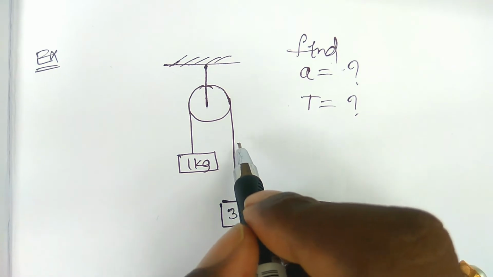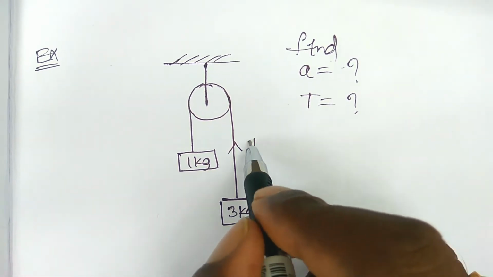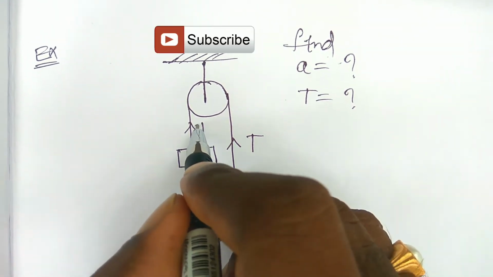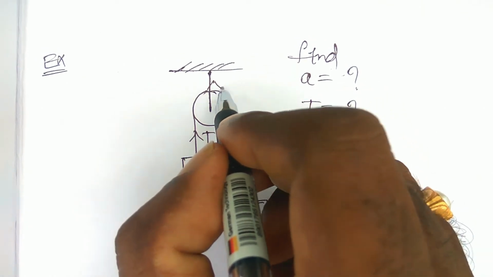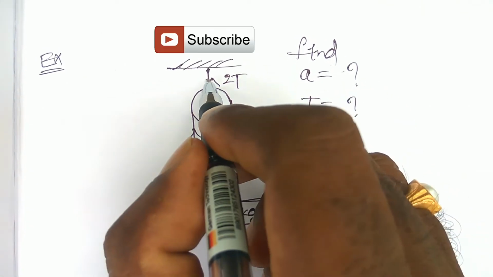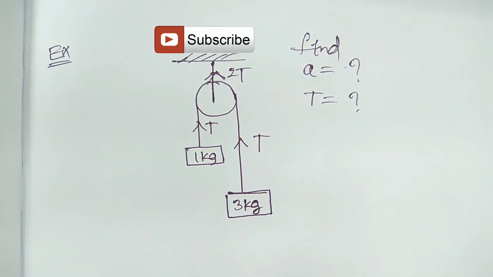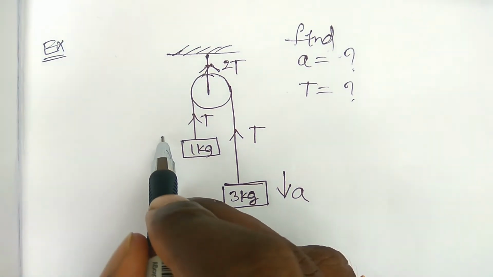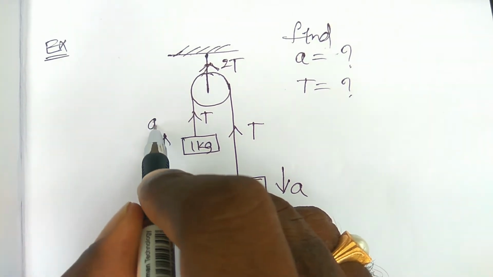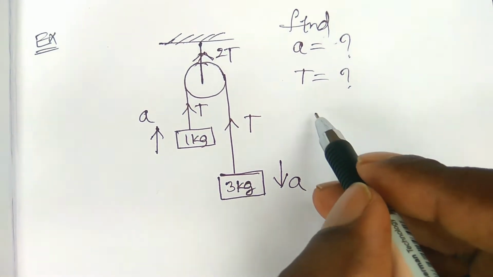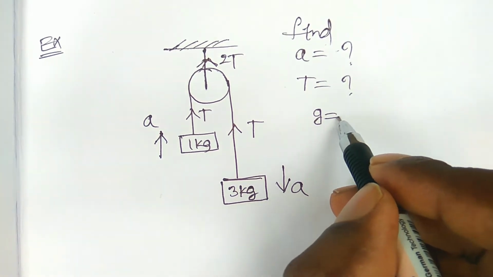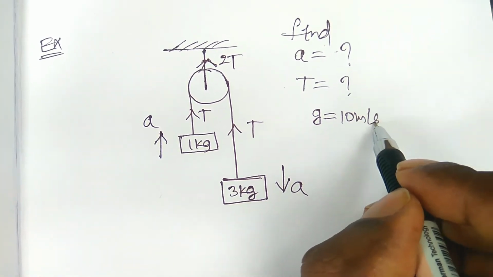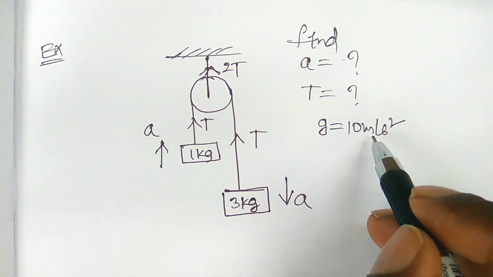Here the tension T acts upwards on each block, and at the pulley there is tension 2T. This is the acceleration in the downward direction, and here the acceleration is in the upward direction. The acceleration due to gravity g is 10 meter per second square. So this is the given data.